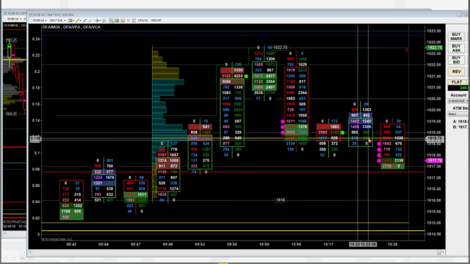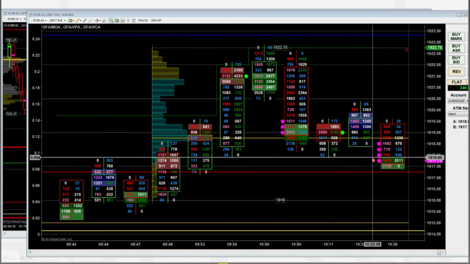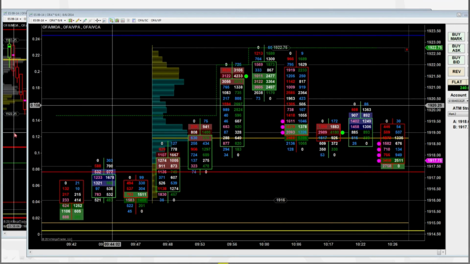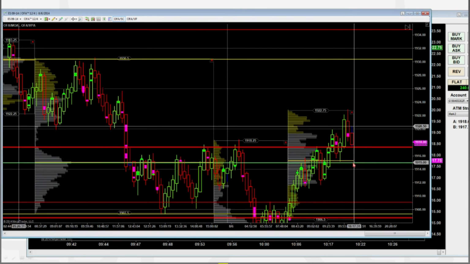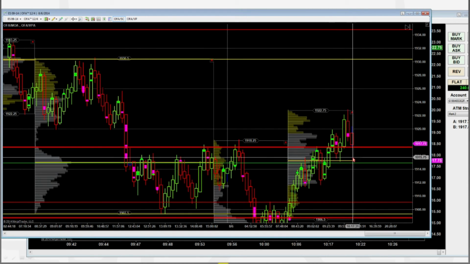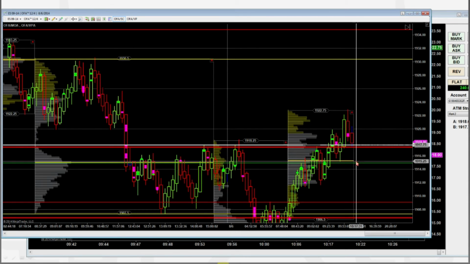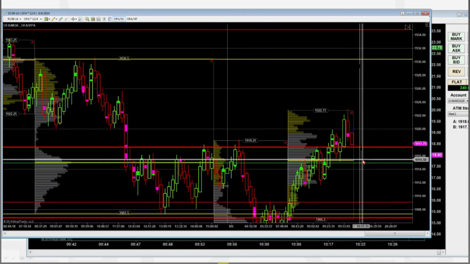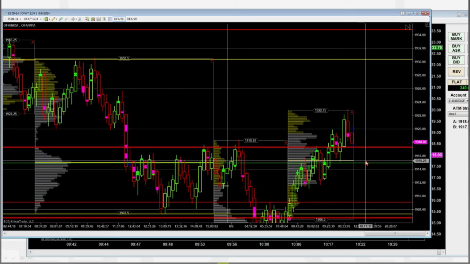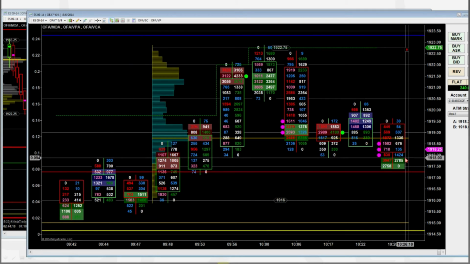Here's what I'll tell you: if this thing comes back down to VPOC after failing up here, I wouldn't trust that at all. And what you're going to do is psychologically get yourself into a position where you're going to start moving your stop. You're going to take away from any profit that you gained in the morning, and your overall daily objective is going to be crushed. And you're going to likely walk away a very sad trader at the end of the day.